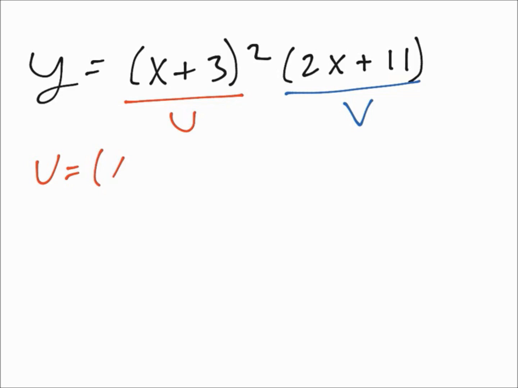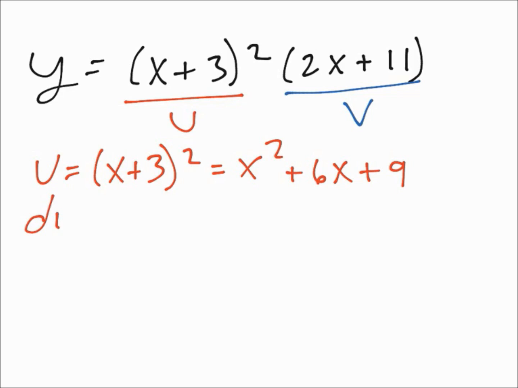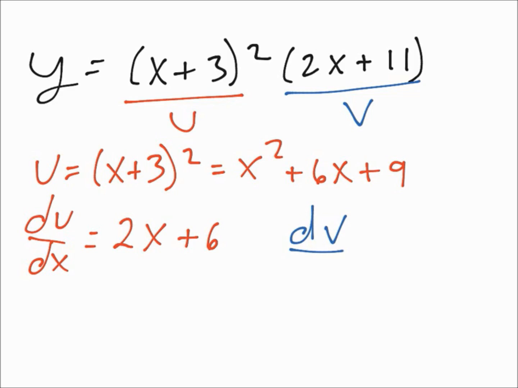So instead it's x plus 3 squared, that means it's x squared plus 6x plus 9, and then the derivative of that is going to be equal to 2x plus 6. And our v is a little simpler, we can just leave it like that, and dv dx is 2.